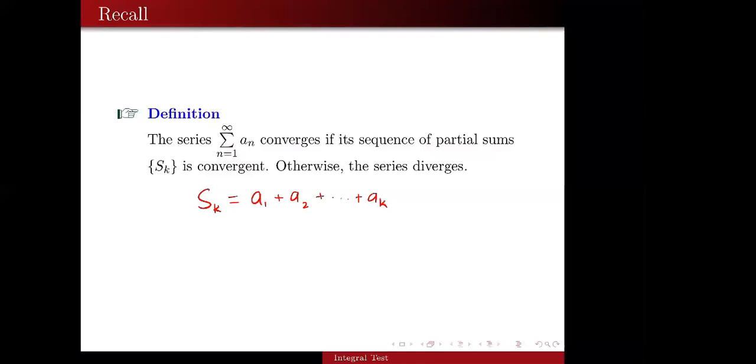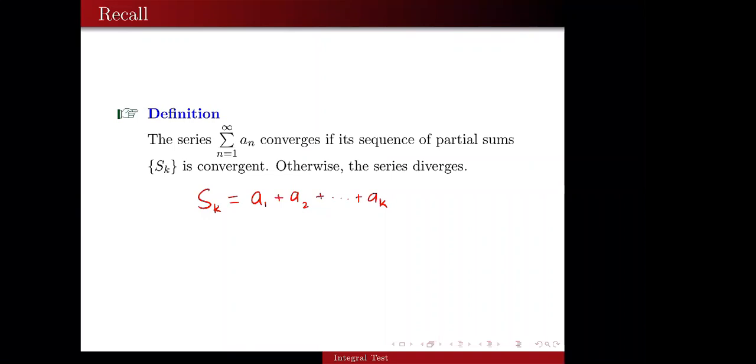So we collect all these S_k's. You start with S_1, which is just a_1, and then S_2, that's a_1 plus a_2, etc. until S_k, that's a_1 plus a_2 until a_k, and so on and so forth. So you will get a sequence called the sequence of partial sums.